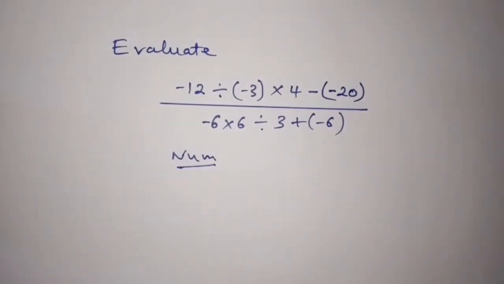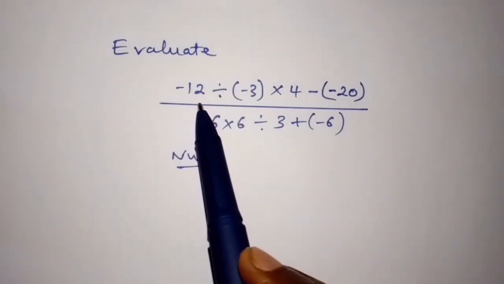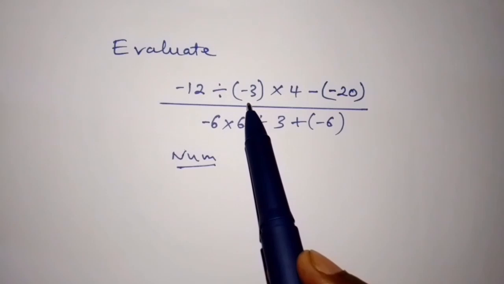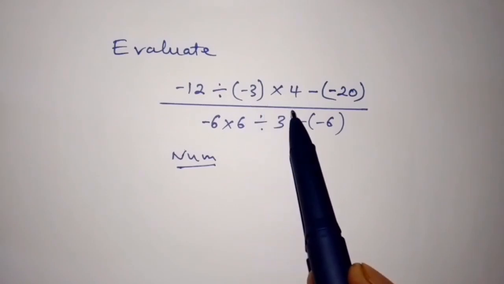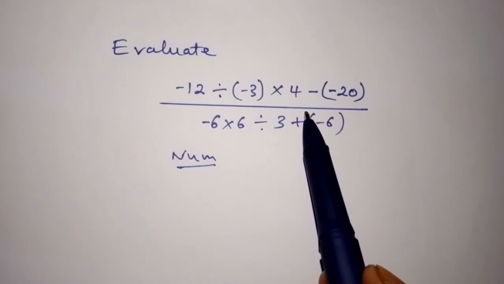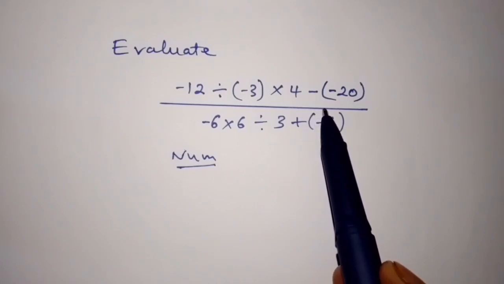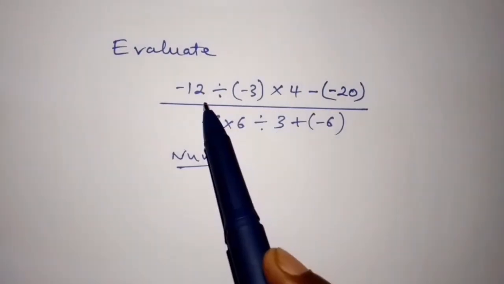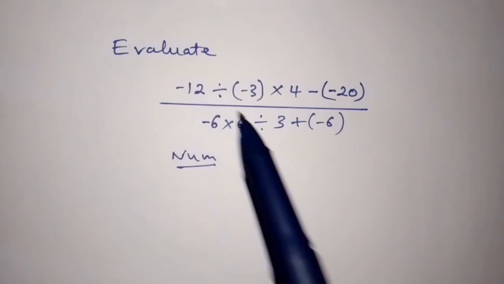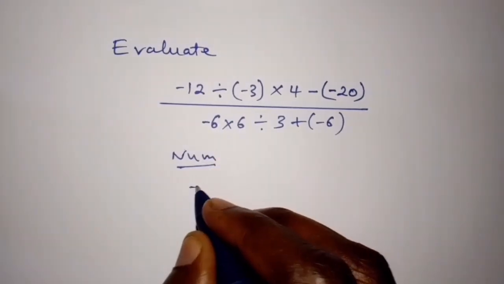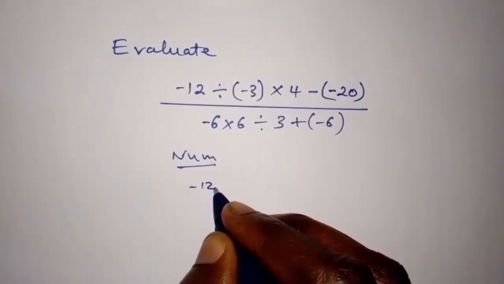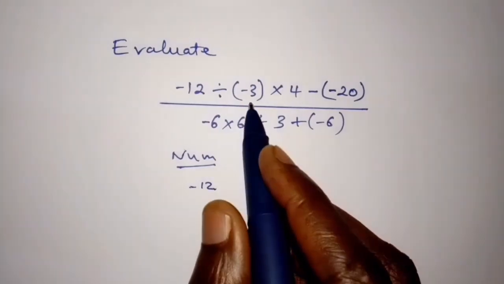In the numerator we have negative 12 divided by (negative 3 times 4) minus (negative 20). We can write the numerator here as negative 12.